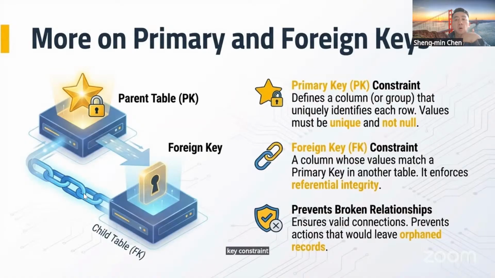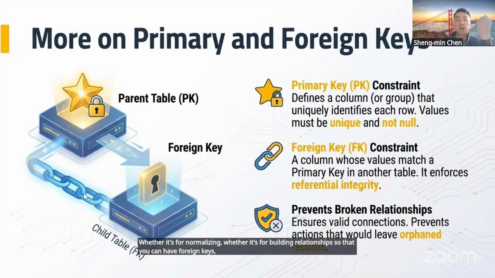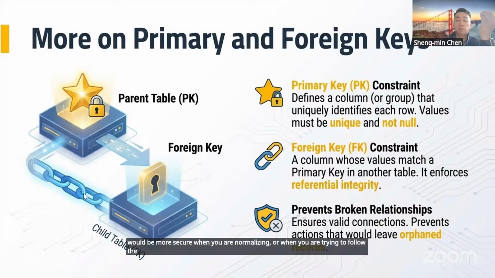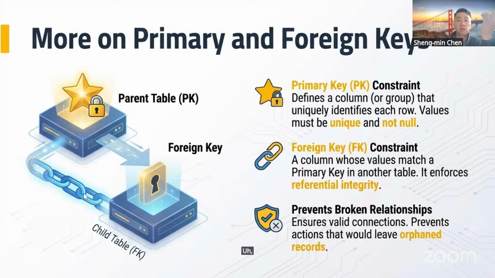But if you look at these constraints and then decide to add these keys onto it, whether it's for normalizing, whether it's for building relationships so that you can have foreign keys and all that, or maybe you just want to use the database to error check some of these provisions for you so that you would be more secure when you are normalizing or when you are trying to follow the ACID properties of the relational database, right?